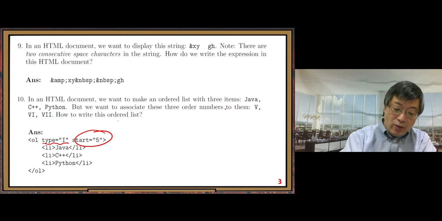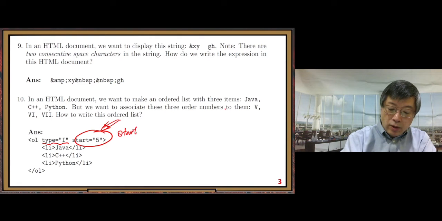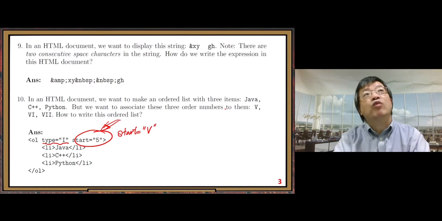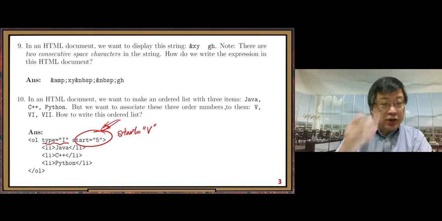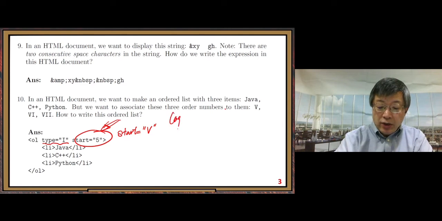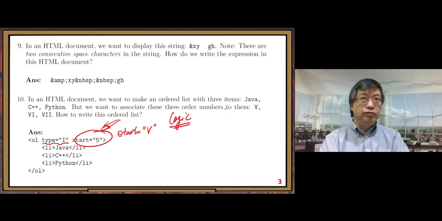But for the remaining, the most part, give me start equals double quote 5, Roman character way. Based on your logic, it is very natural you use this way.